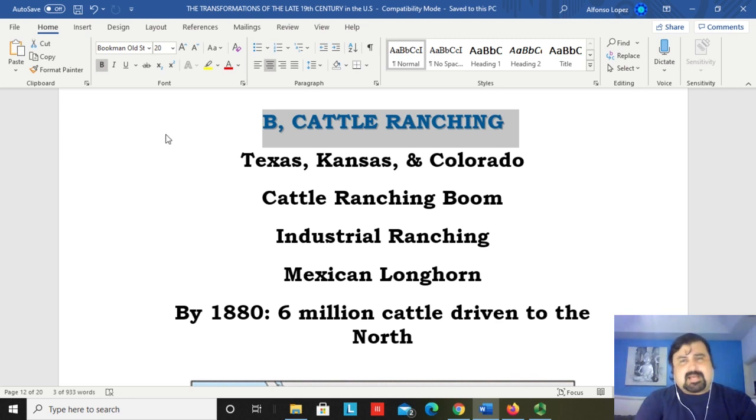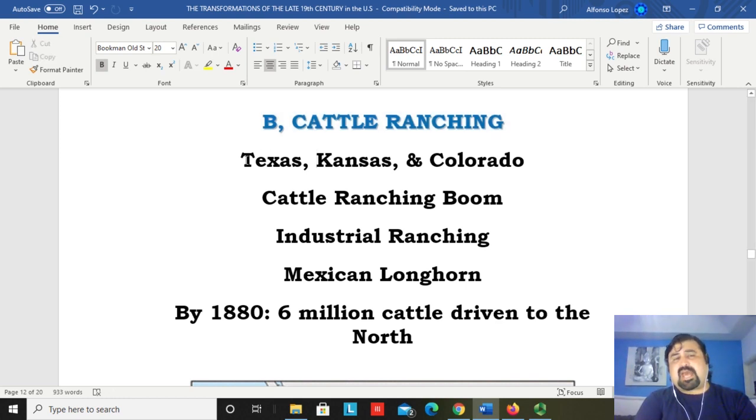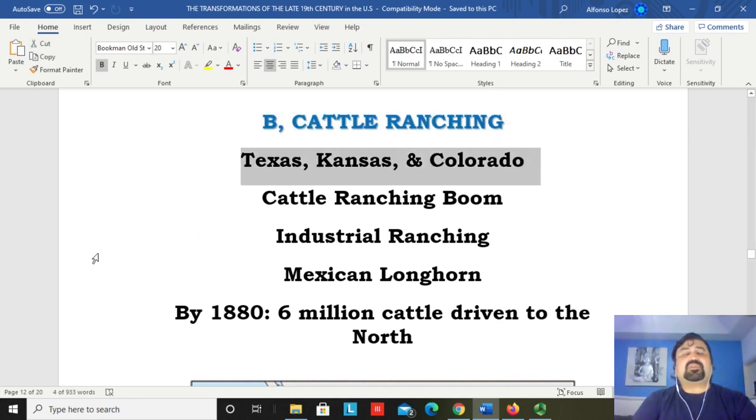It's beef, and so the cattle ranches that are going to develop in the West are going to be developing in places like Texas, which was already a well-developed state, by the way, Kansas as well, and Colorado. This still falls in the orbit of what today we simply call the Wild West.